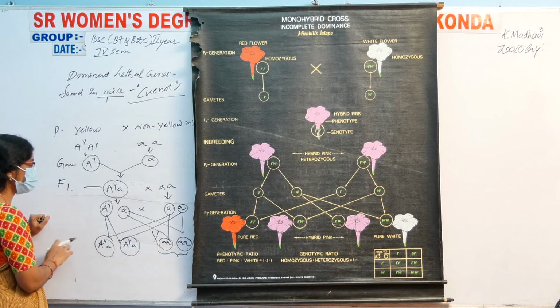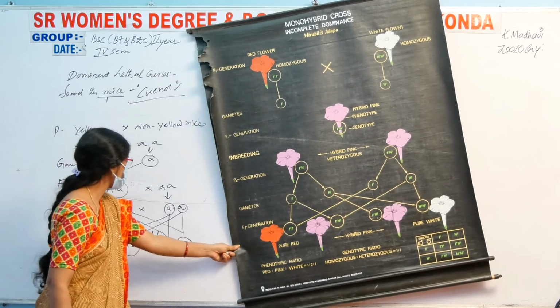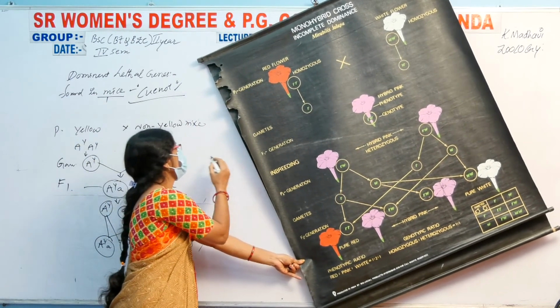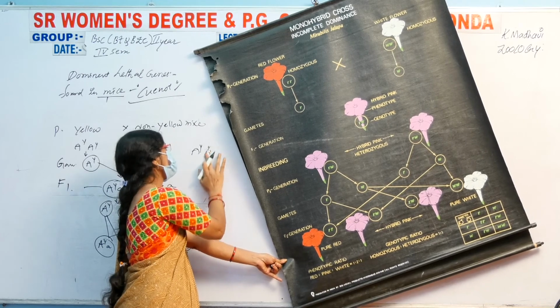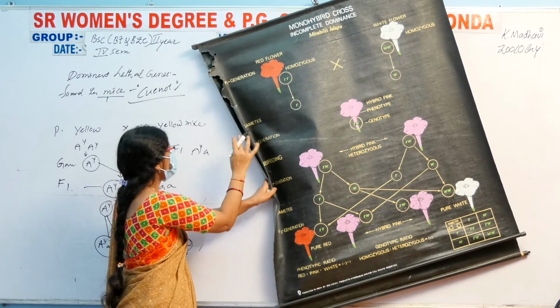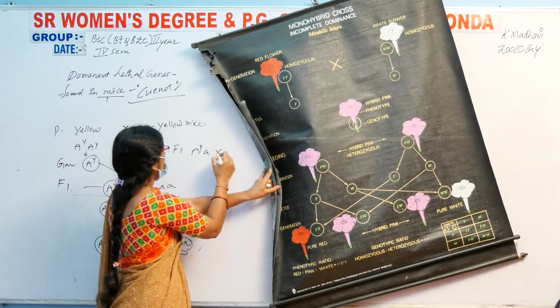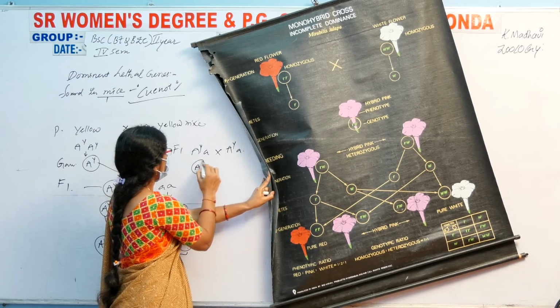For example, we take another crossing here. We are entering the F1 generation, this line, and it is crossed with another AY. What are the gametes from each?